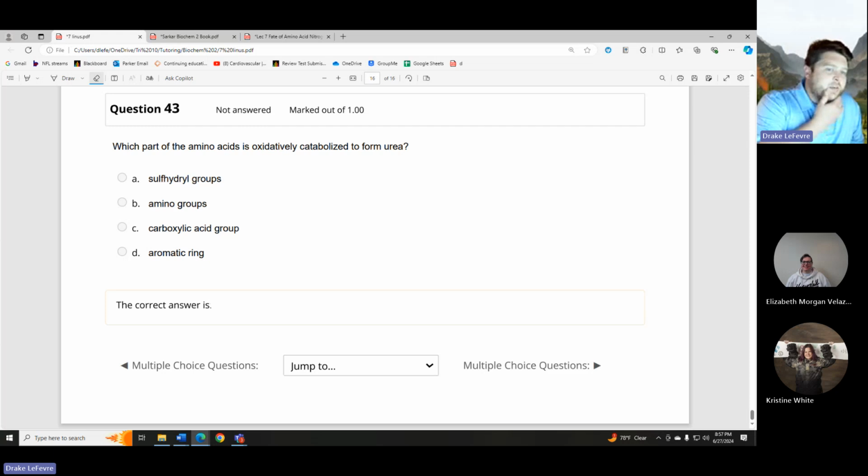Which part of the amino acid is oxidatively catabolized to form urea? We can look at these immediately and say, okay, not all of the amino acids have aromatic rings. Not all of them have sulfhydryl groups. That's only some of them. This is where he trips you up.